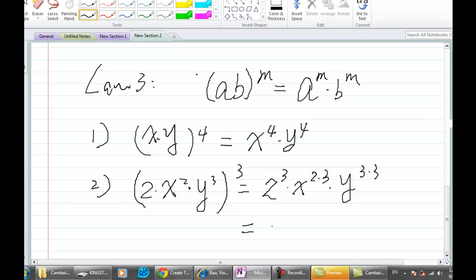Here we can get 8 times x to the 6th power times y to the 9th power.